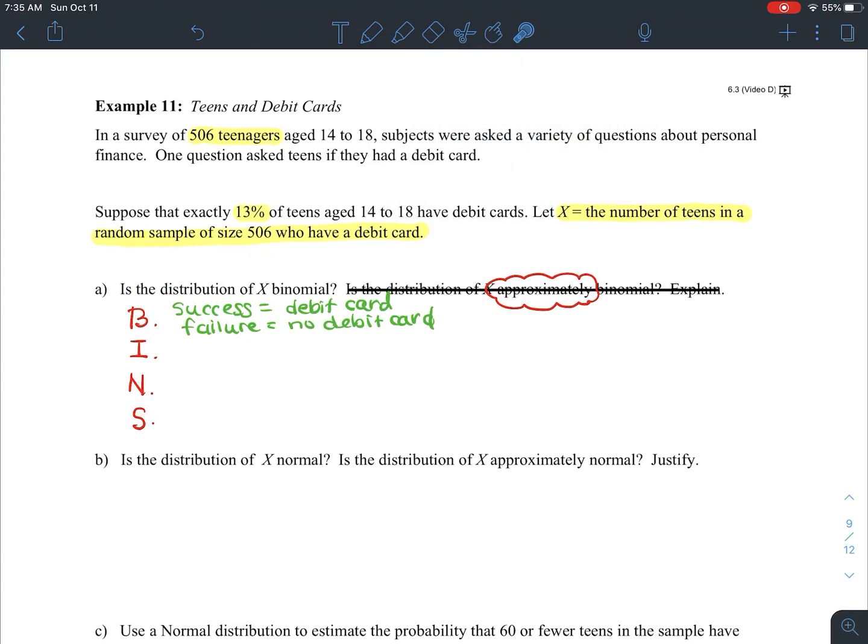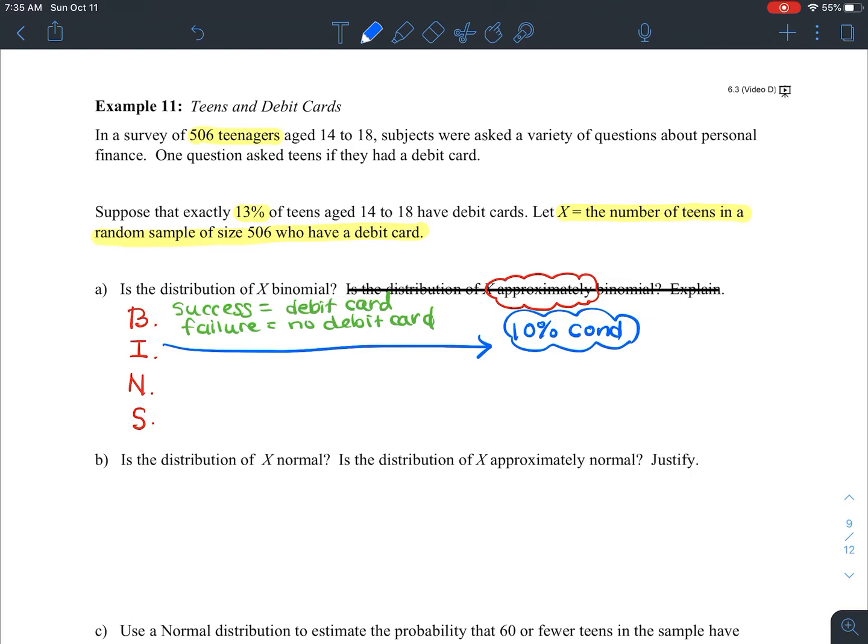Okay, and that's where this was kind of coming in. If there's no replacement, usually that independence condition is violated. And so we would say, well, the distribution of the random variable X, it's technically not binomial, but we can get away with considering it to be approximately binomial if we can show that the 10% condition has been met.